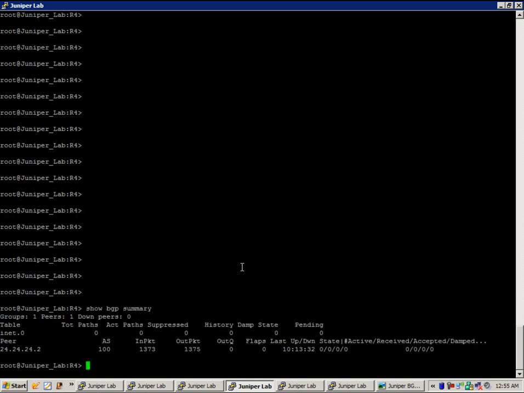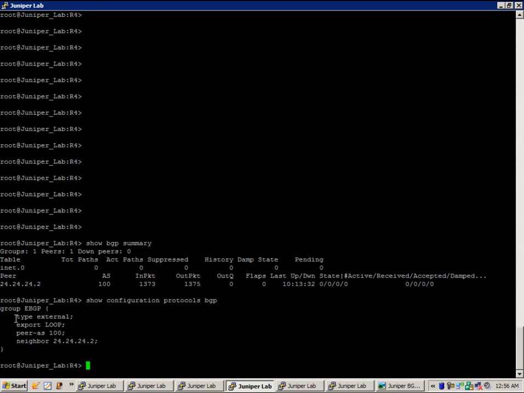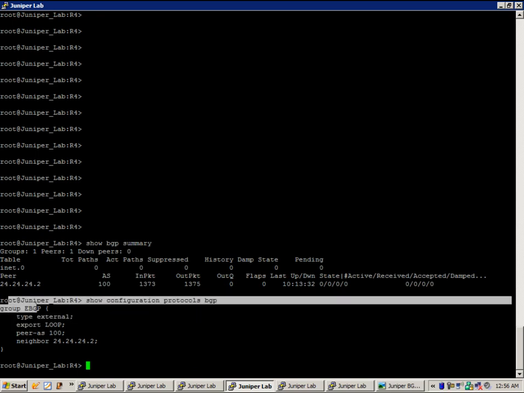We can see that on router 4 we have a link to router 2, and that is an external BGP connection in AS100. Also, if we do the command show configuration protocols BGP, we see this is external. The group is eBGP.